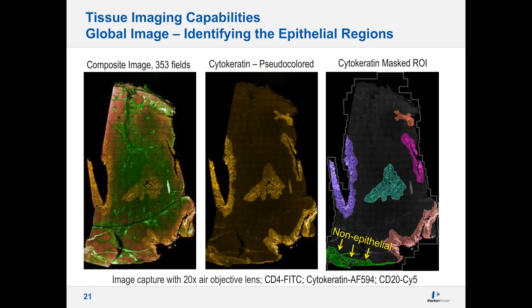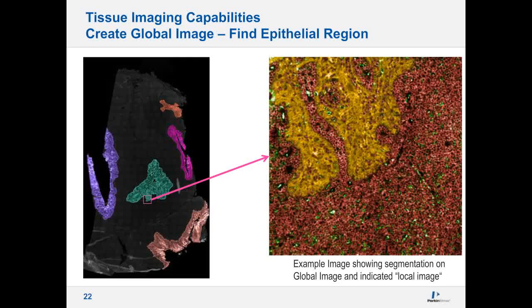So now we're able to go back into those areas and rescan and look at subpopulations for analysis. When we do that, we're able to look at a small field within that region. We call this a local image, and in this local image we're able to identify the proteins and the targets of interest.